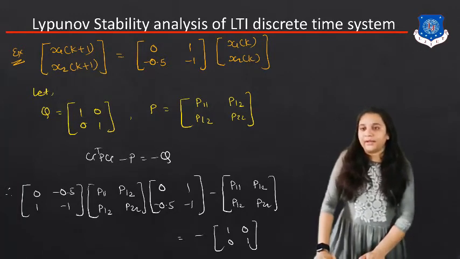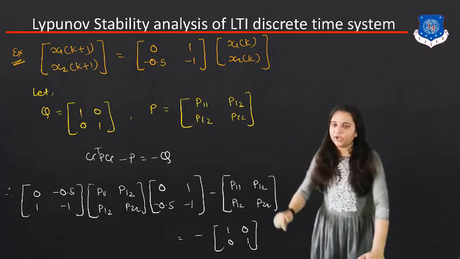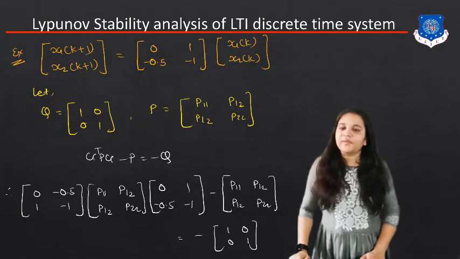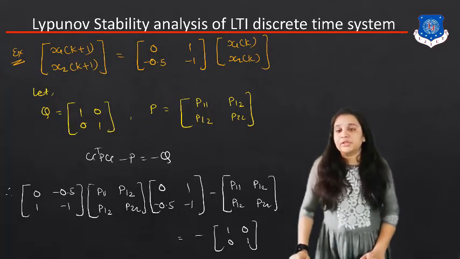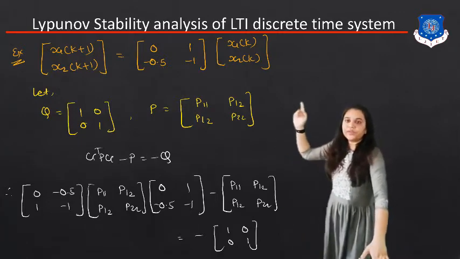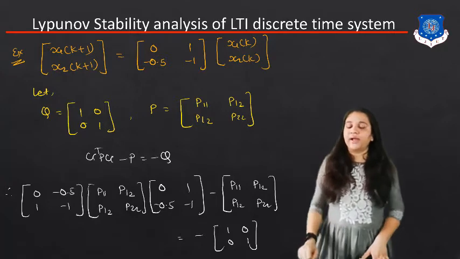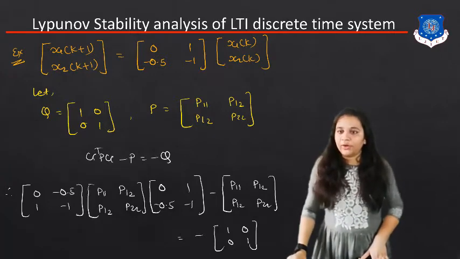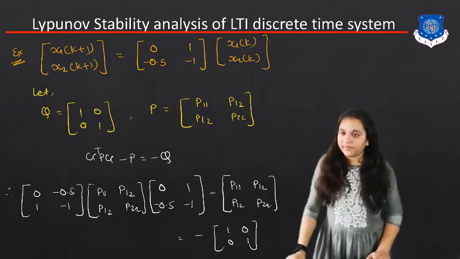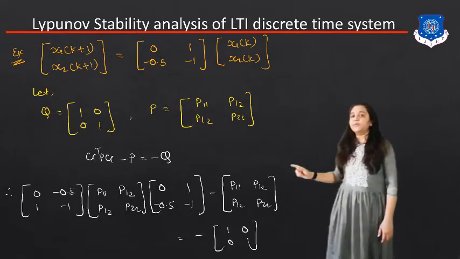So we have to take Q equal to the matrix 1, 0, 0, 1, and P equal to P11, P12, P12, P22, because a 2 cross 2 matrix is given in the example, and the G matrix is 0, 1, minus 0.5, minus 1. Okay, so put the values of G transpose, P, G in this equation. So what is the value of G transpose?